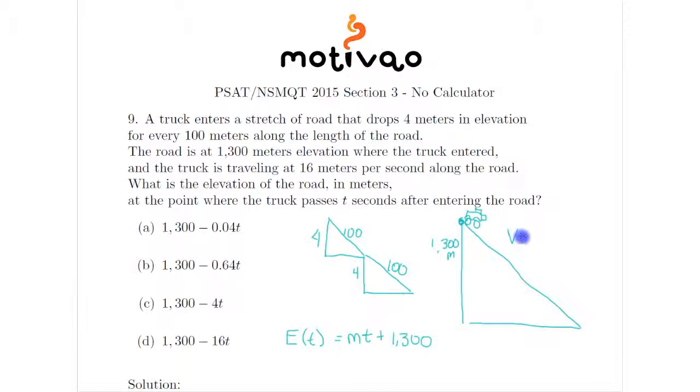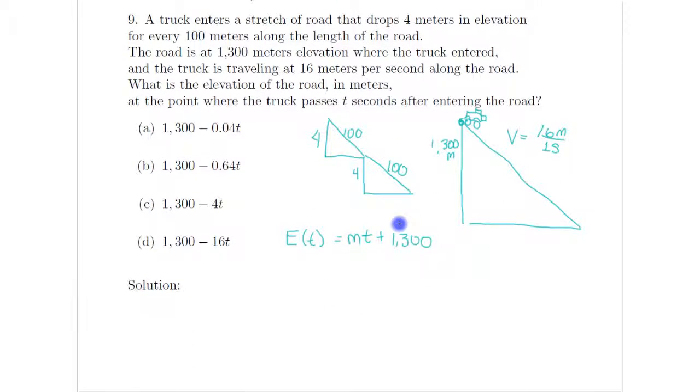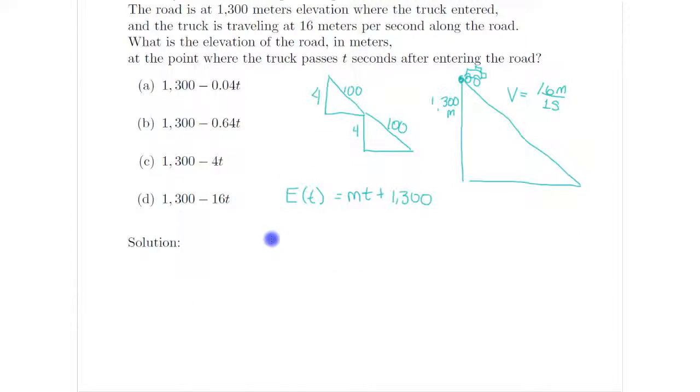The velocity is 16 meters in 1 second. Now, if the velocity is 16 meters per 1 second, how many seconds will it take to reach 100 meters? Well, that's a multiplication, right?